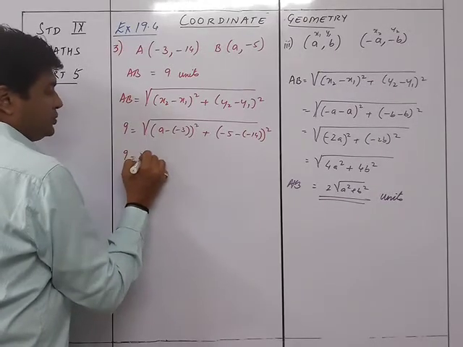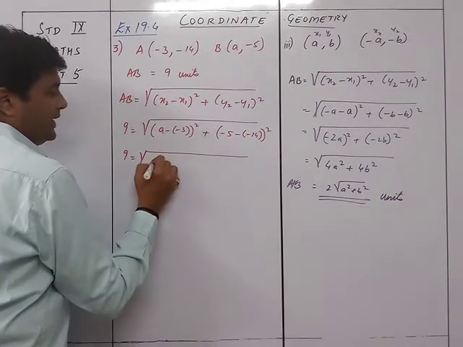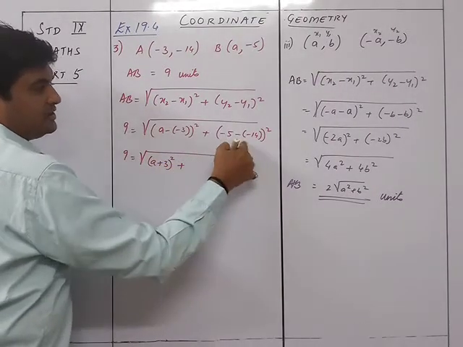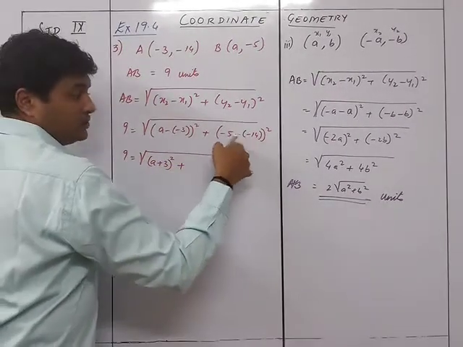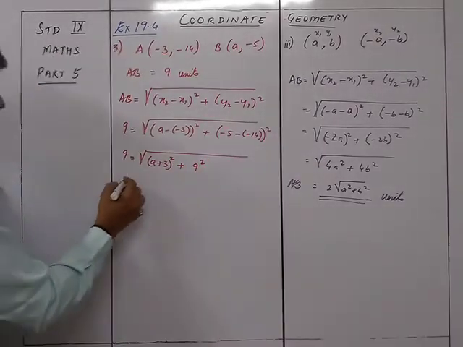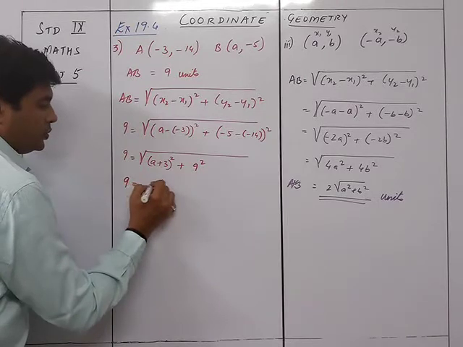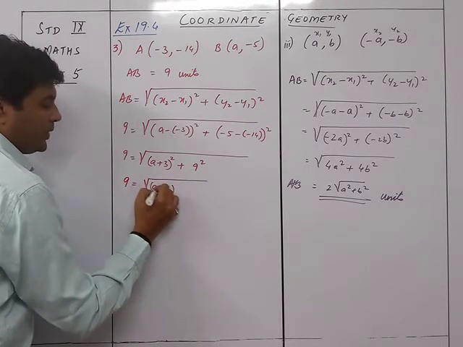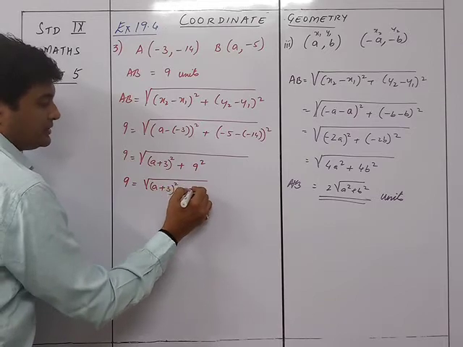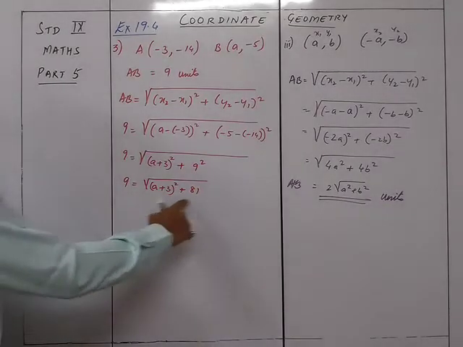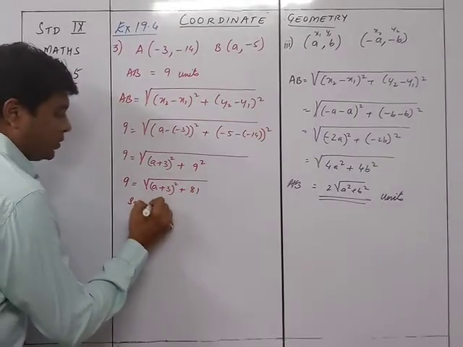So 9 is equal to square root of, that will be A plus 3 the whole square plus, this is going to be plus 14, so it will be 9 square. So it will be 9 is equal to square root of A plus 3 the whole square plus 81. So what we'll do is that we are just squaring both sides.